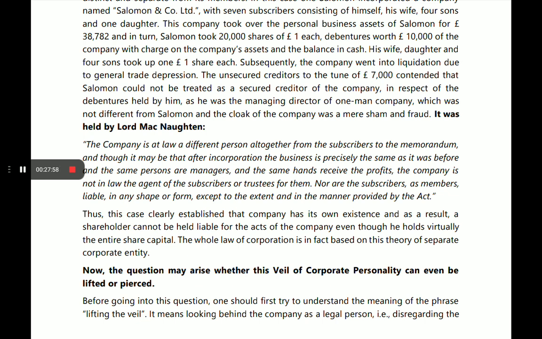The company is not in the law the agent of the subscribers or trustees for them, nor are the subscribers as members liable in any shape or form, except to the extent and in the manner provided by the Act.